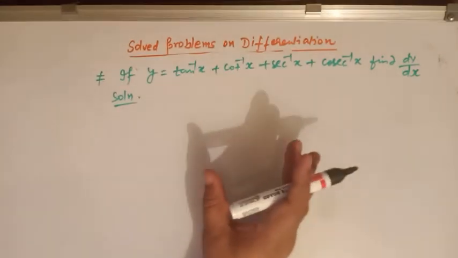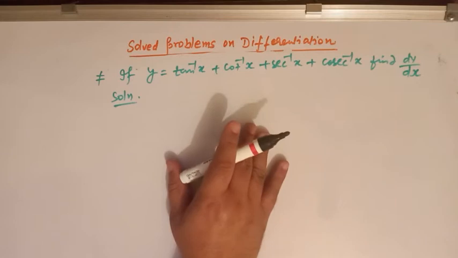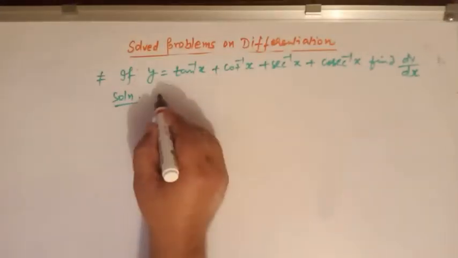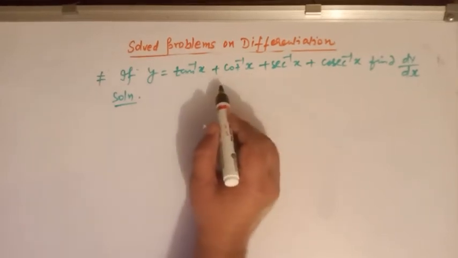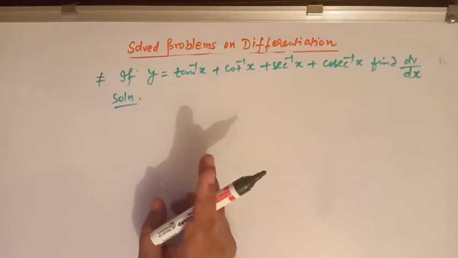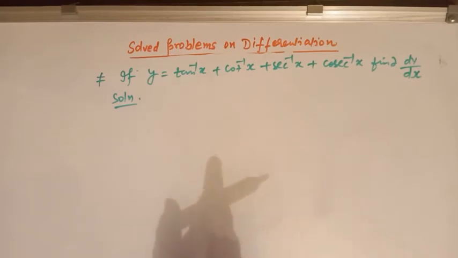But this problem is very easy, we just have to take a close look at it. Here we apply two identities from inverse trigonometric functions, and once we recall those identities, the problem becomes very easy.